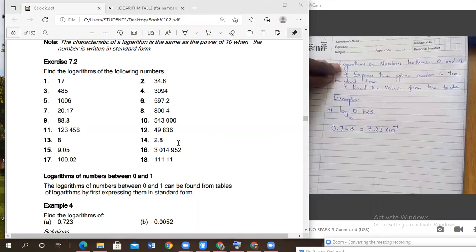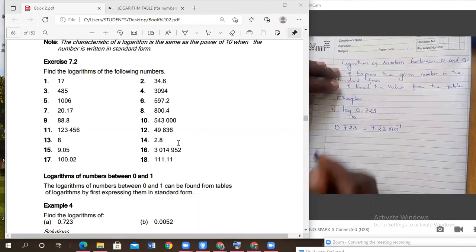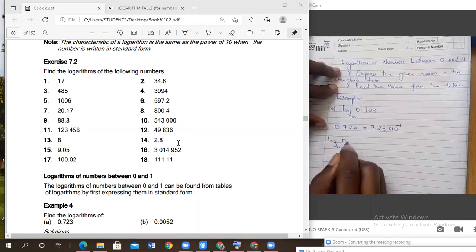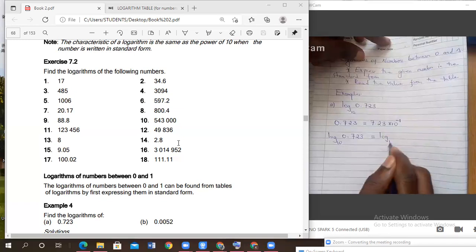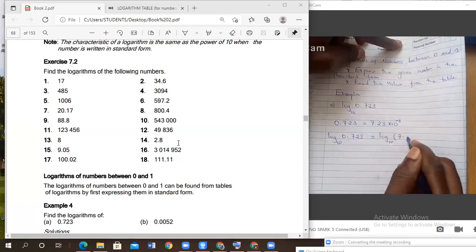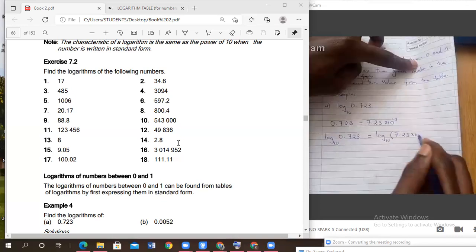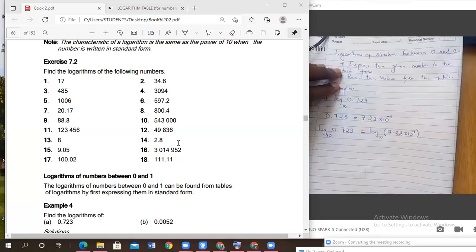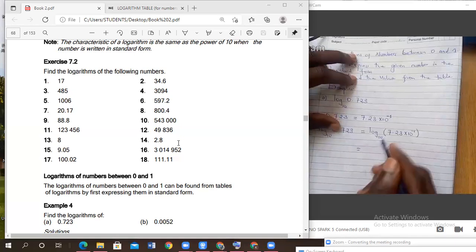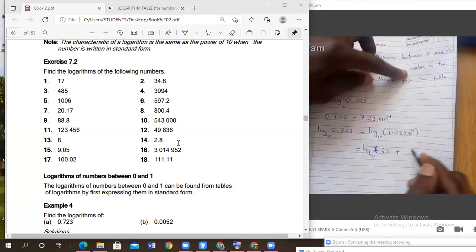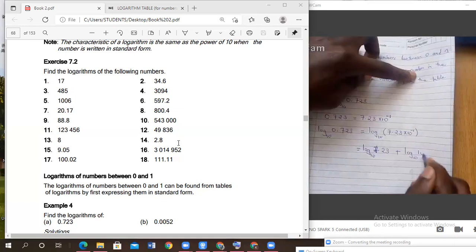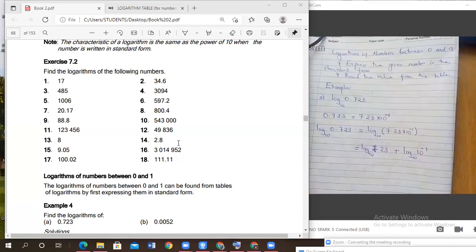So we shall have log to the base 10 of 0.723 equals log to the base 10 of 7.23 times 10 to the power negative 1. When you split that further, it's going to be log to the base 10 of 7.23 plus log to the base 10 of 10 to the power negative 1.